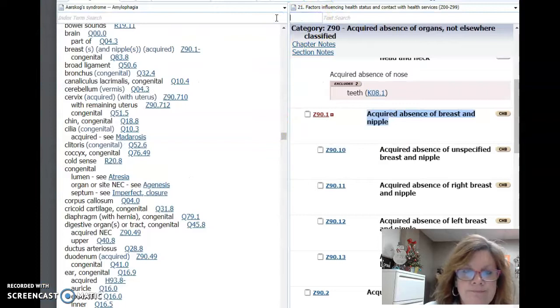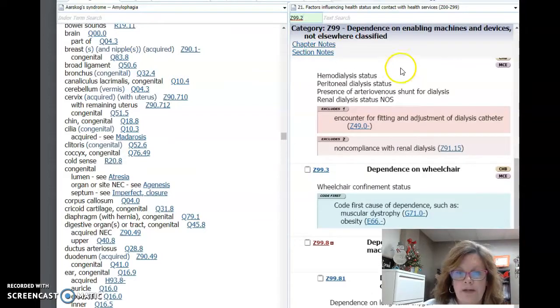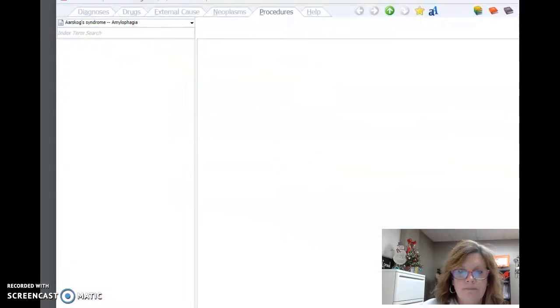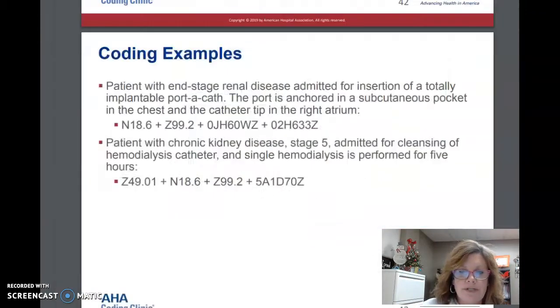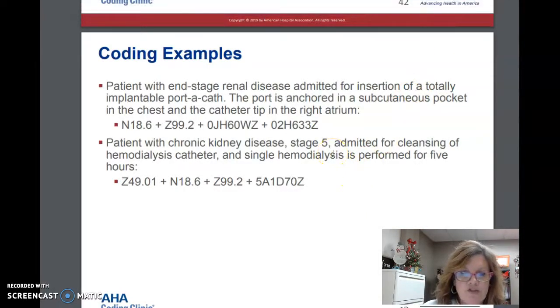Z99.2. Okay, and that's going to be dependent on the machine. Procedure, the first one is 0JH60WZ.